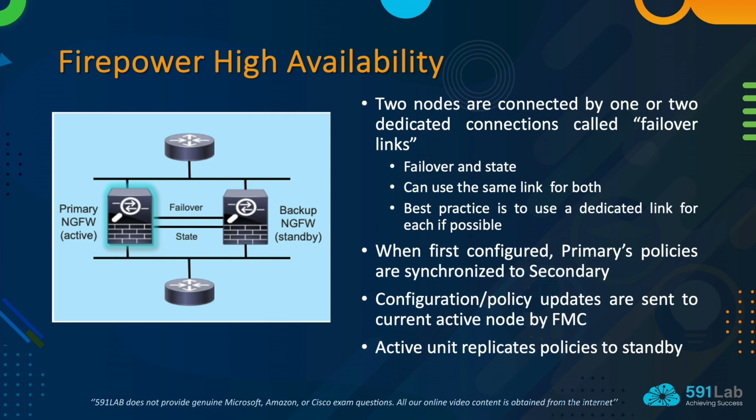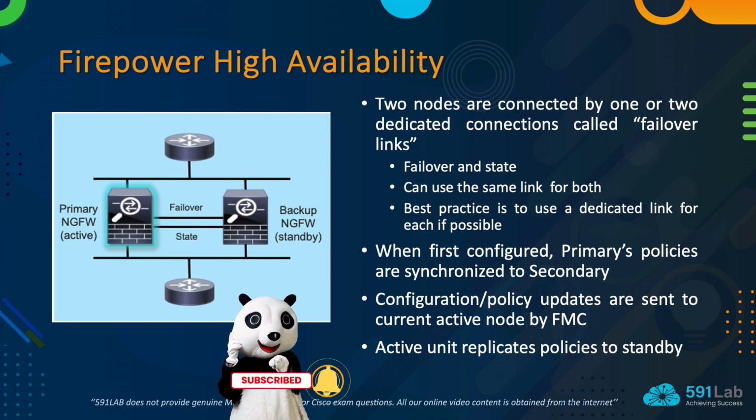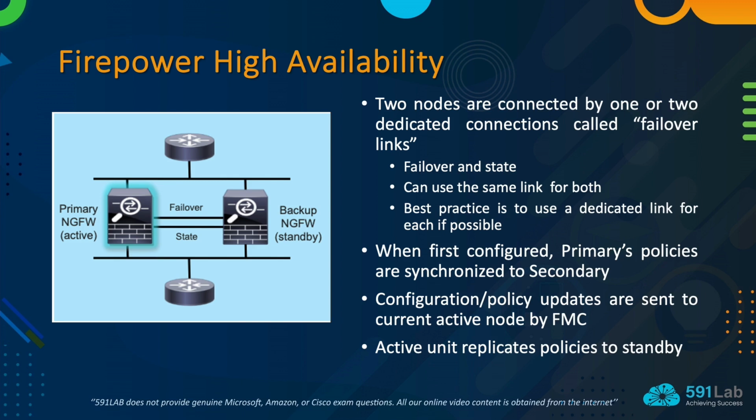When you make configuration or policy changes to the Firepower Threat Defense high availability pair using the FMC, it sends the changes to the active device. The active device then replicates the changes to the standby device.